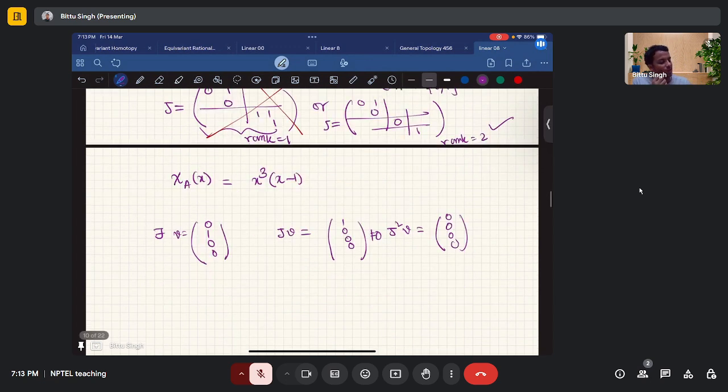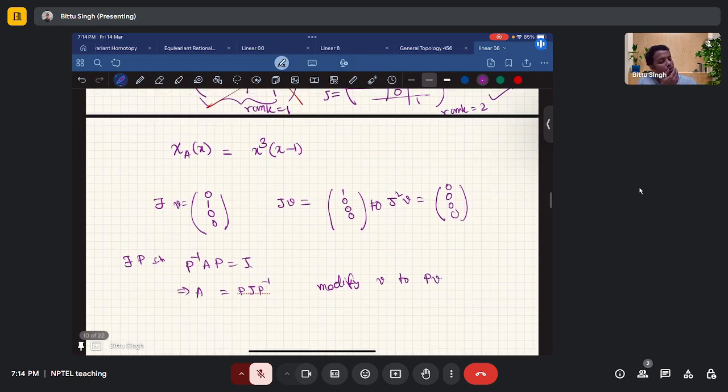So this is true, and therefore this will also be true for A. What is actually A? P inverse AP is the same as J, since by the Jordan canonical form there exists some P such that this happens. This implies A equals PJP inverse. So there exists some v, and we just modify v to Pv.